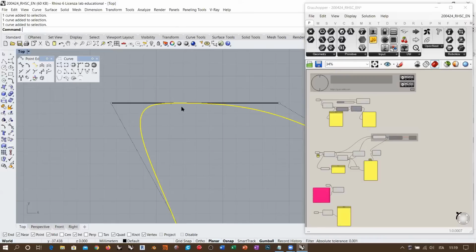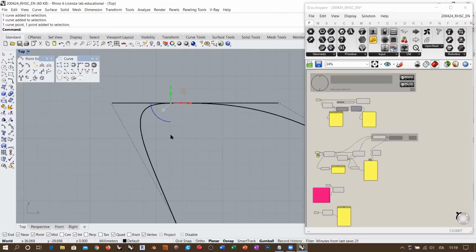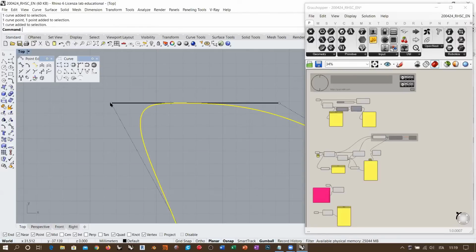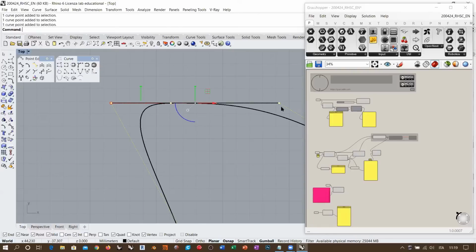So how can I make our NURBS curve pass exactly through this point here? Well, in order to do this, I simply have to make these 3 control points symmetrical with respect to the mid control point.